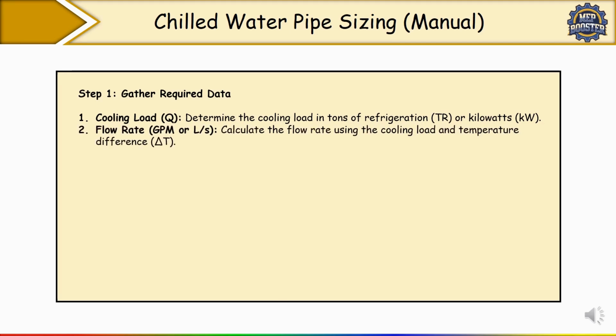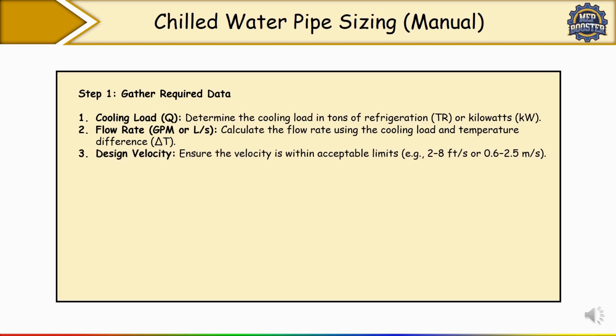The second thing which we need here is the flow rate in GPM or liter per second. We need to calculate the flow rate using the cooling load and the temperature difference, delta T value. All of you know how to get the flow rate value for the condenser side or the evaporator side. 1 TR is equal to near about 2.4 GPM if delta T is 10, and for the condenser side, 1 TR is equal to 3 GPM we are considering.